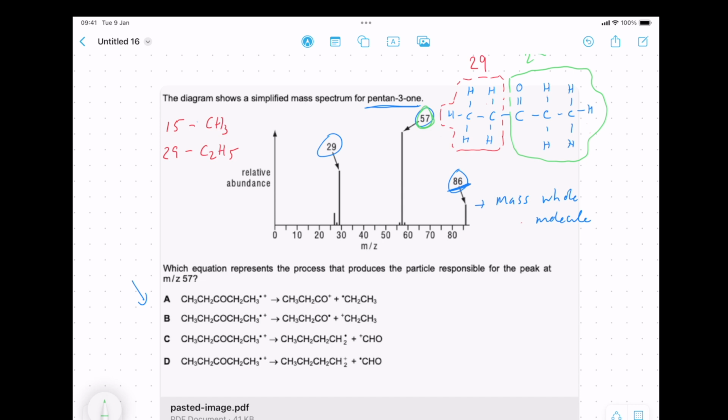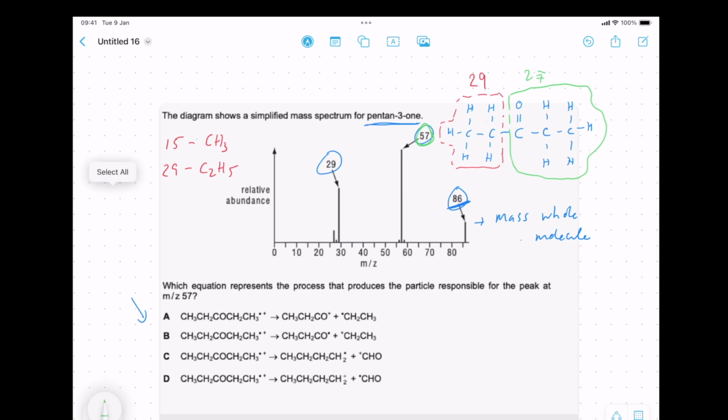So they are the two fragments that are shown in the spectrum. Now, like I said, this could also produce a 15, a CH3, because there's the CH3 there. So that would be a break there, and that would be 15 for CH3, but it's not shown. So sometimes you will see spectra where fragments have been deliberately left out, and that's just for simplicity.